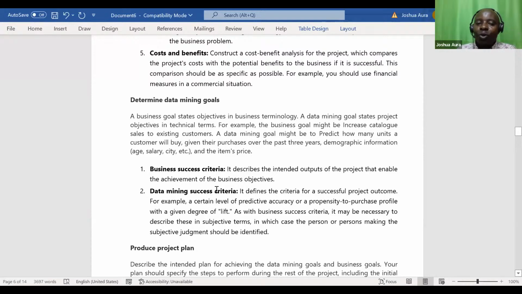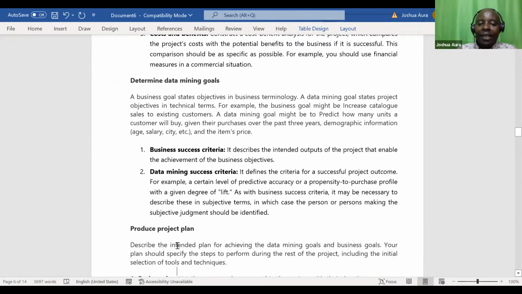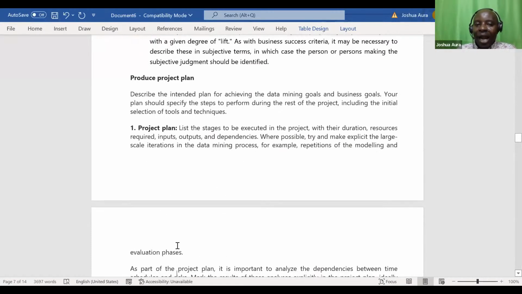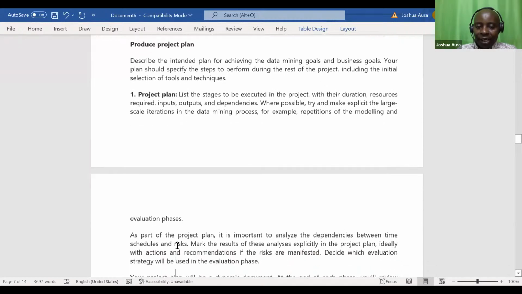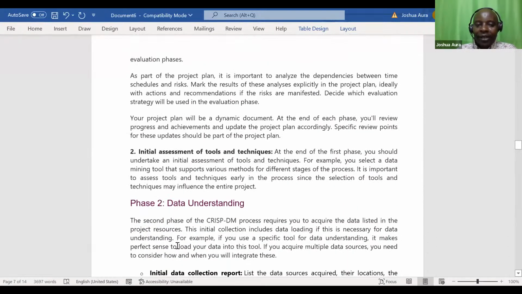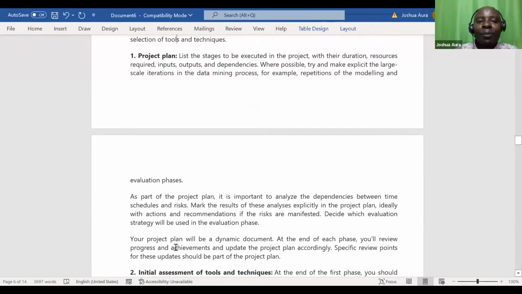Still, when I'm trying to do business understanding, I must produce, I'm repeating this again, a project plan. So the project plan is very, very important there. So on your project plan, list the stages to be executed in the project with their durations, the way we are drawing this particular network.